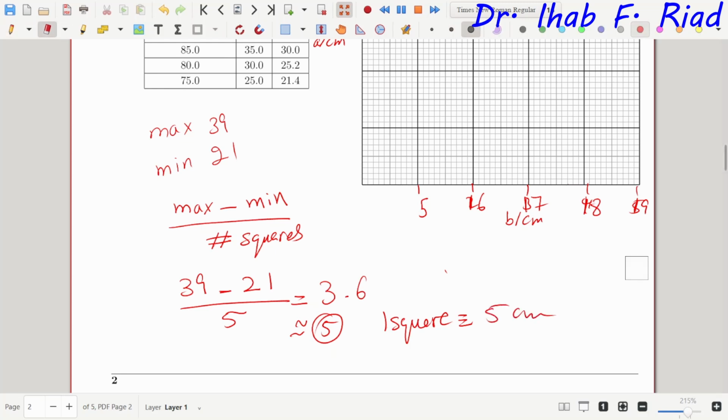Meaning what? I'm going to start from 20, 25, 30, 35, and this is 40. Okay? This is how we choose our scale.